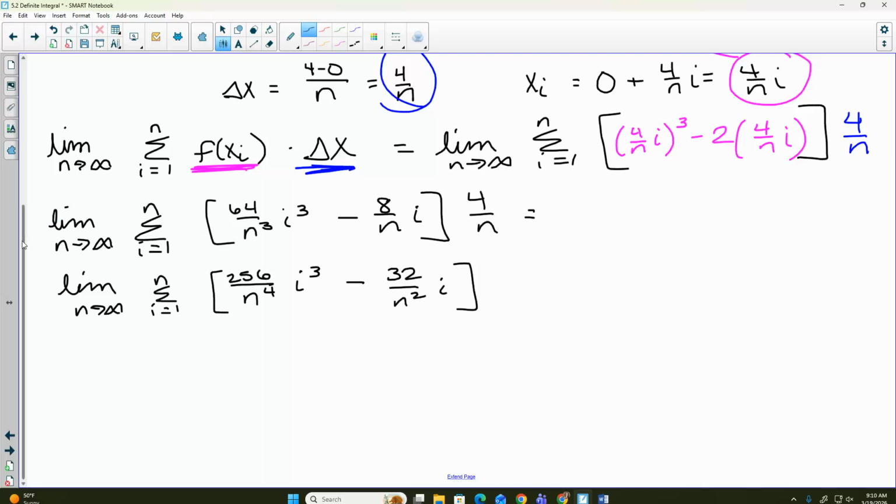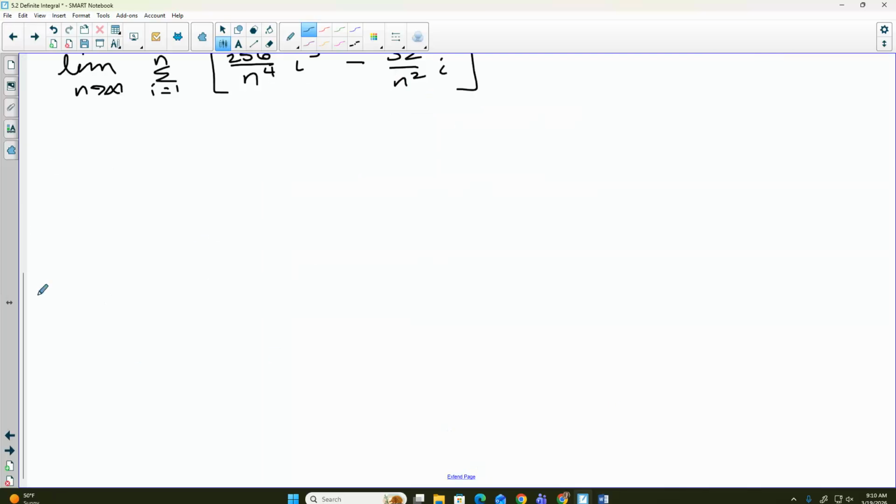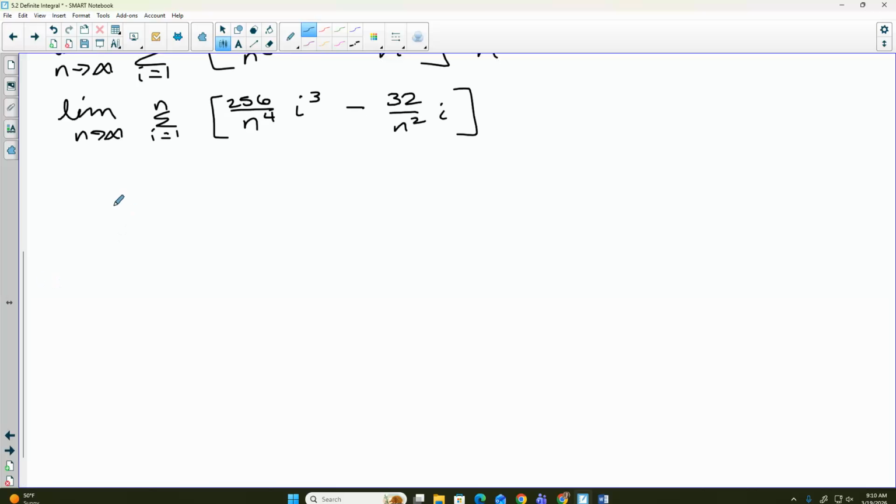What do we do next? We have to separate the two, and we can do the sum of each of them. At the point when you use your i cubed and i formulas, that's when the sum goes away. So right now, I'm doing my sum formulas. That means the summation symbol drops.